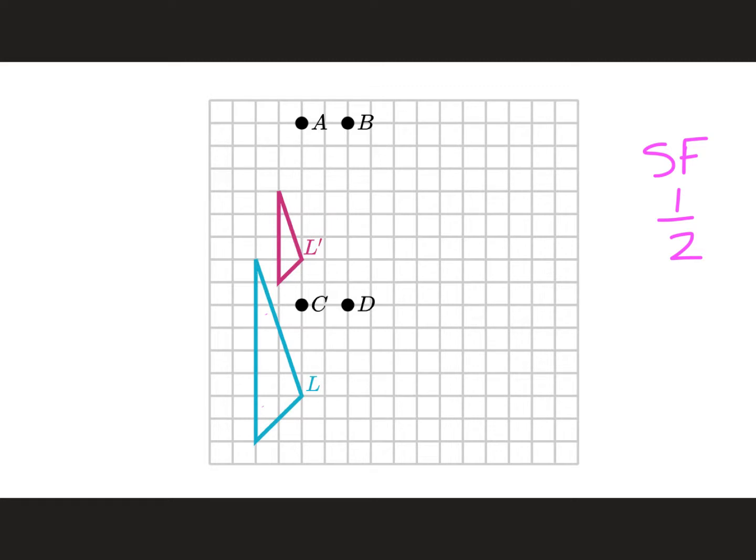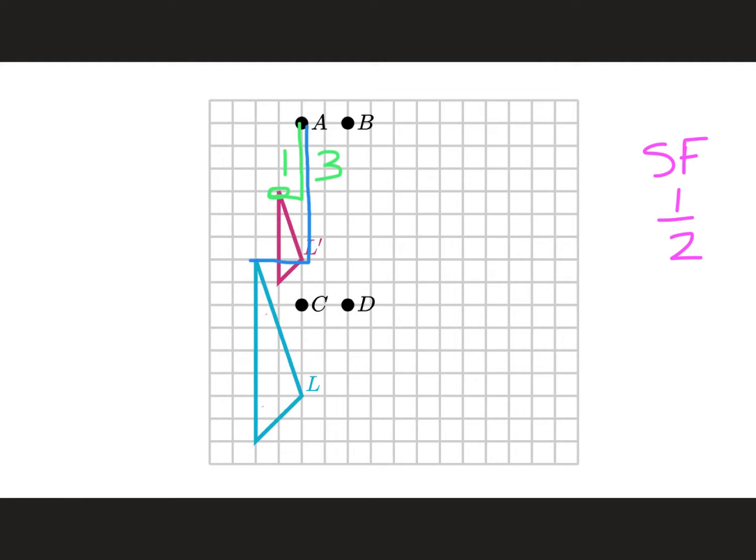So I'm going to measure the distance from A to this coordinate on the image. It's a vertical distance of 3 and a horizontal distance of 1. Let's see where it is on the corresponding portion of the pre-image. I'll make my little line right here.